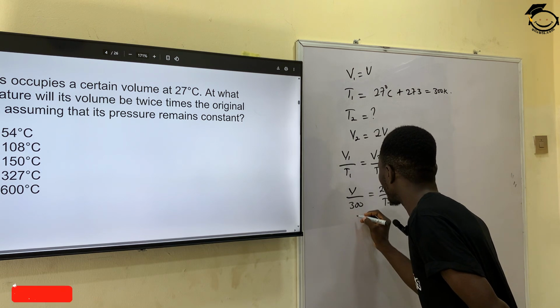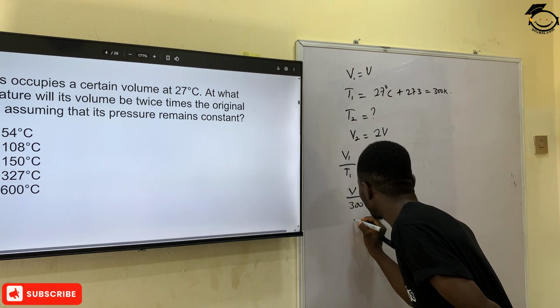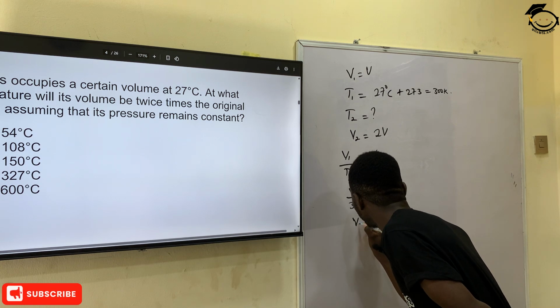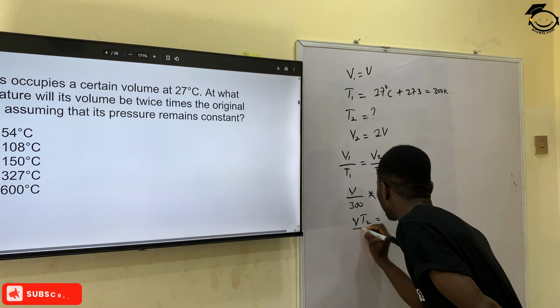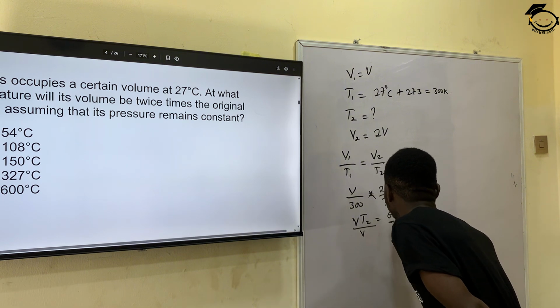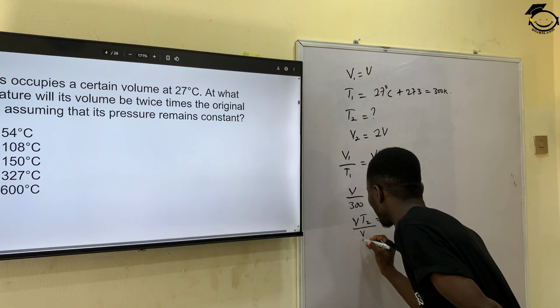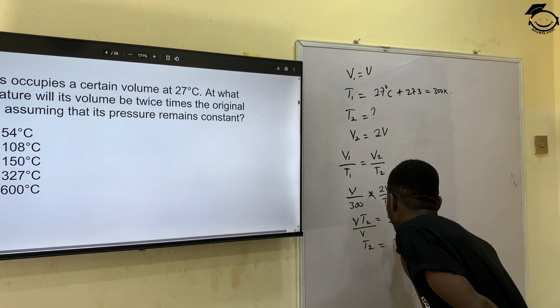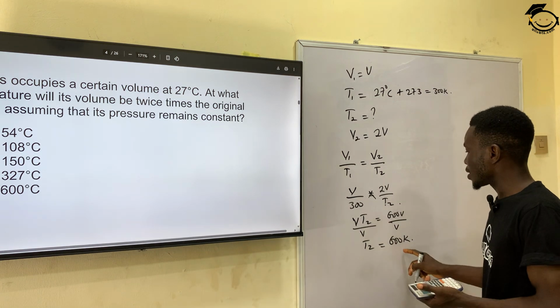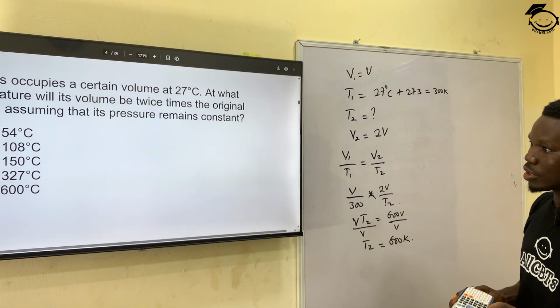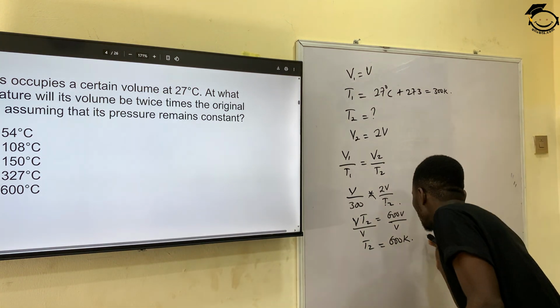So if I cross multiply, I'm going to have VT2 is equal to 600V. Divide both sides by V. It means that my T2 is 600 Kelvin. So we are going to convert our 600 Kelvin back to Celsius by subtracting.